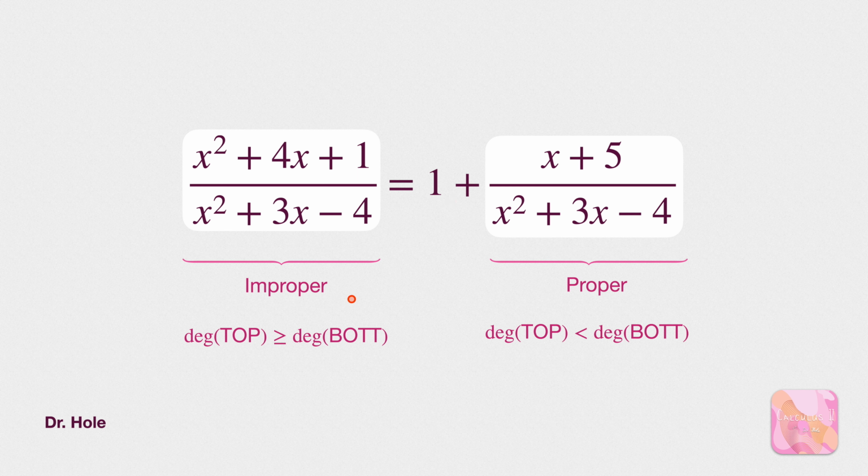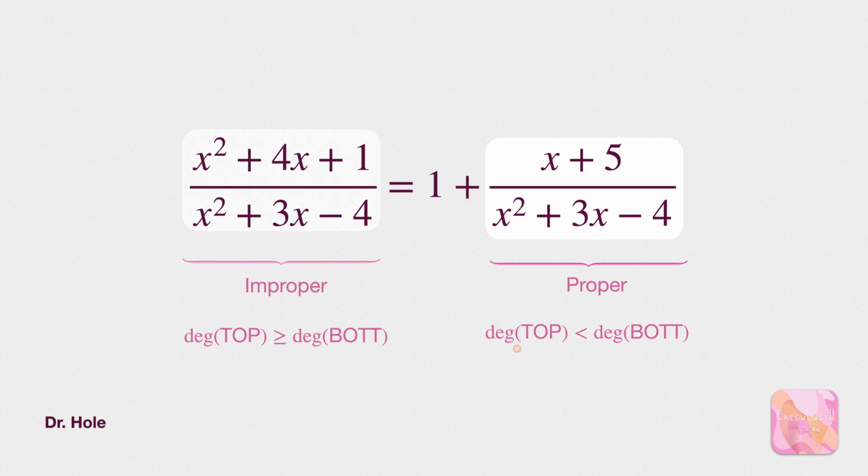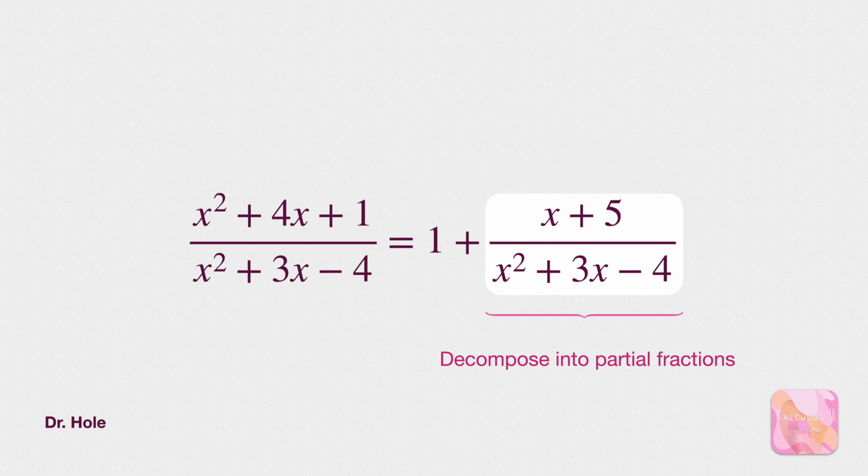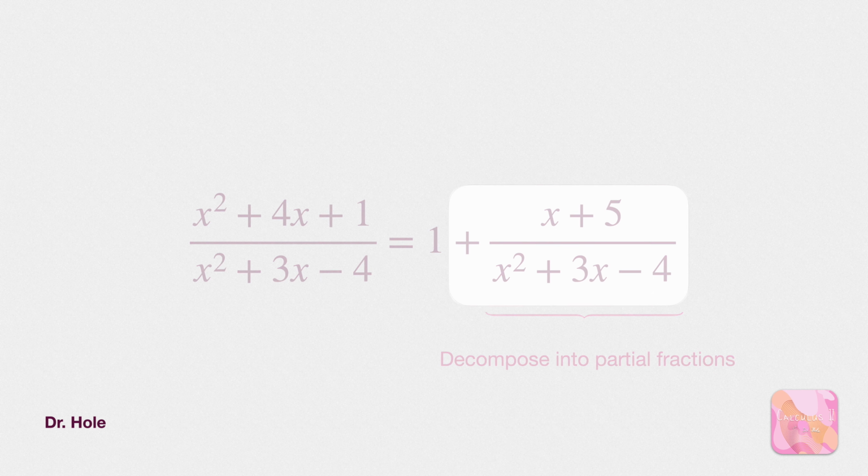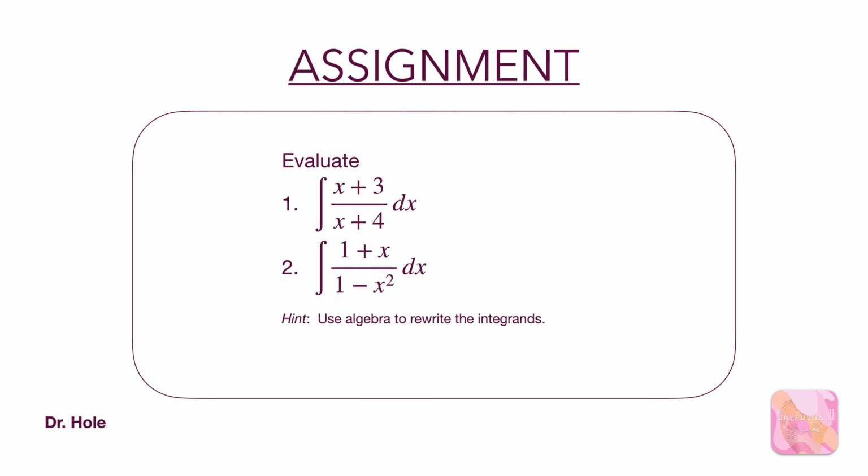And by that, we are considering the degrees of the top versus the degree of the bottom. Good. So before jumping into the method of partial fractions, go back and review that you can evaluate these integrals using simple algebra techniques.